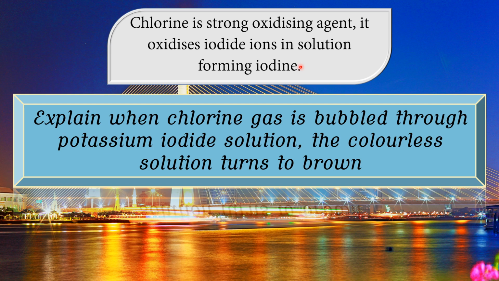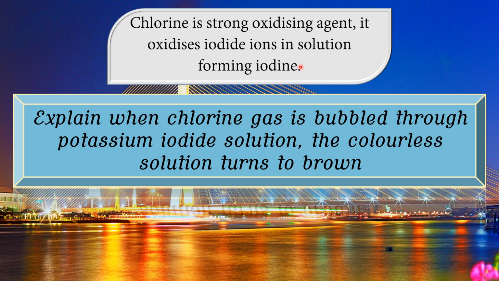Oxidation decreases as you go down the group, and reduction decreases as you go up the group, meaning that the oxidizing power goes on reducing in the order of chlorine being the more oxidizing agent, followed by bromine, and then followed by iodine.